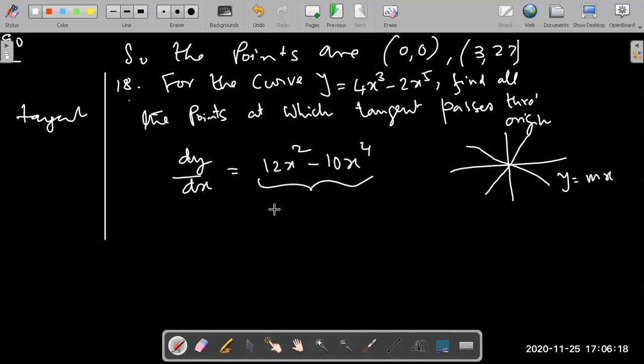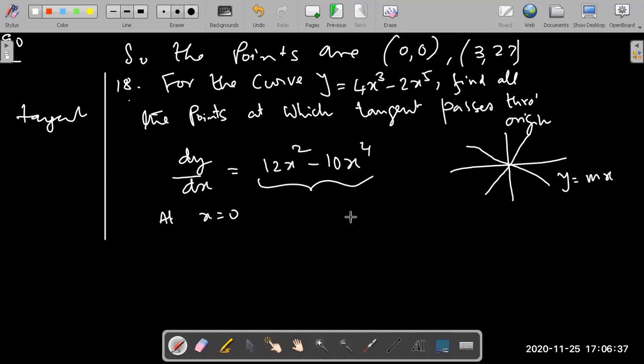So this is the slope. And we have to find all the points at which this tangent passes through the origin.